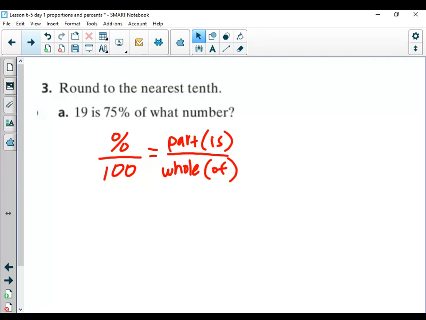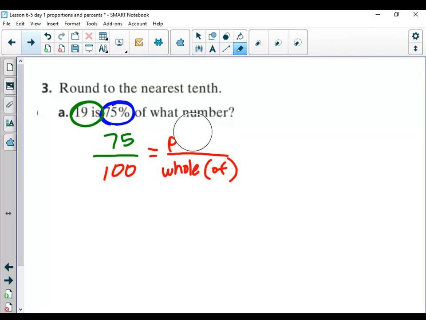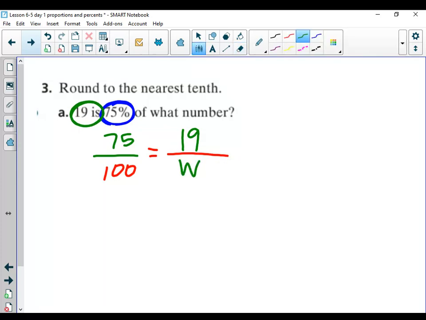Oh, look, I see a percent. 19 is, that was weird because the is was after it. That's okay. Of what? Of what? Don't know. Gonna find out.